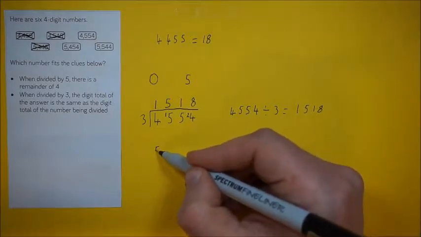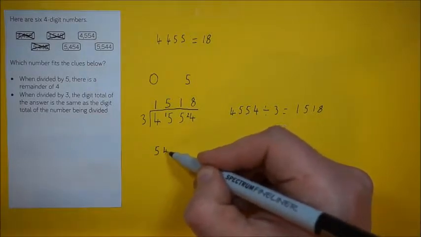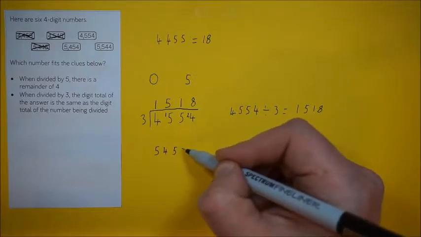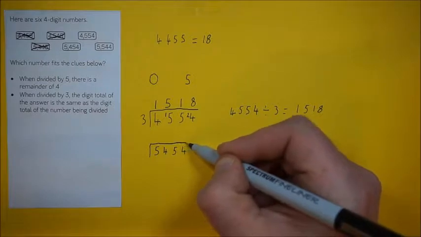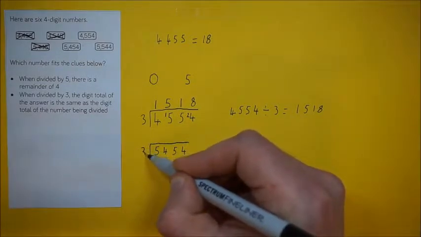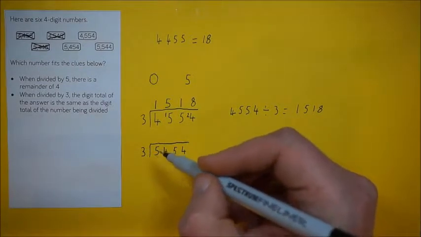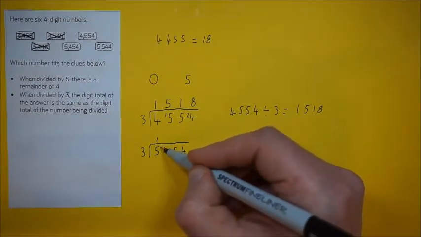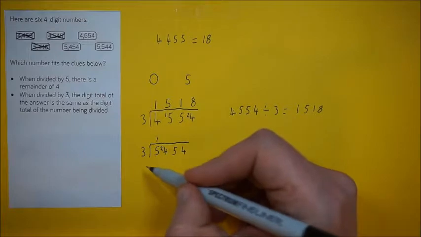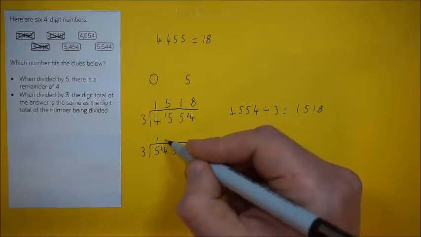5,454. And again we're dividing by 3. So how many 3's go into 5? Well, that's 1, but with a remainder of 2. So we carry that over, 24. How many 3's go into 24? Well, that's 8.